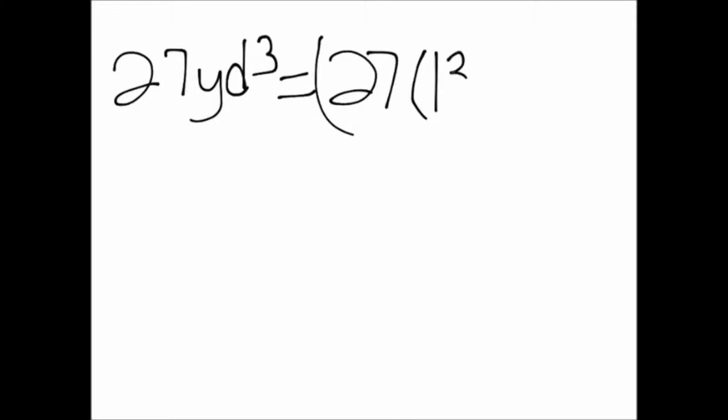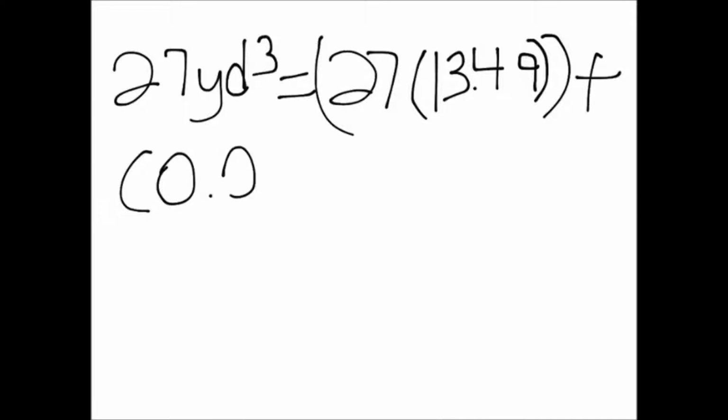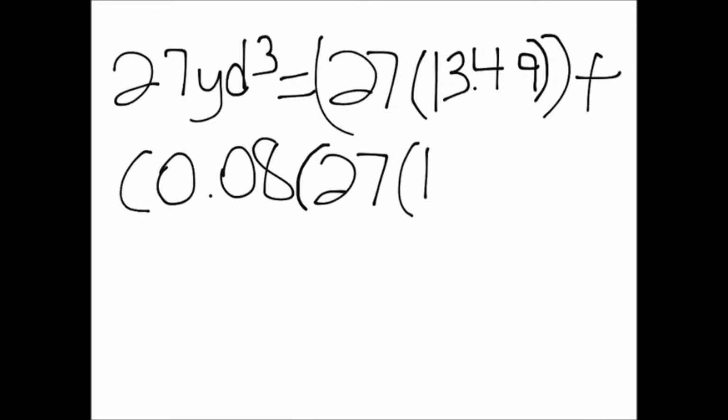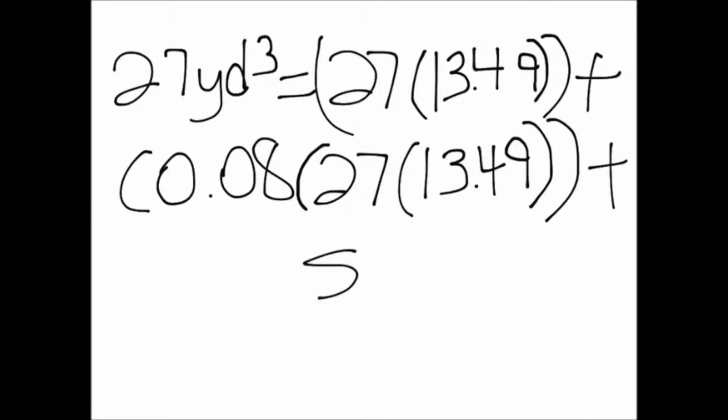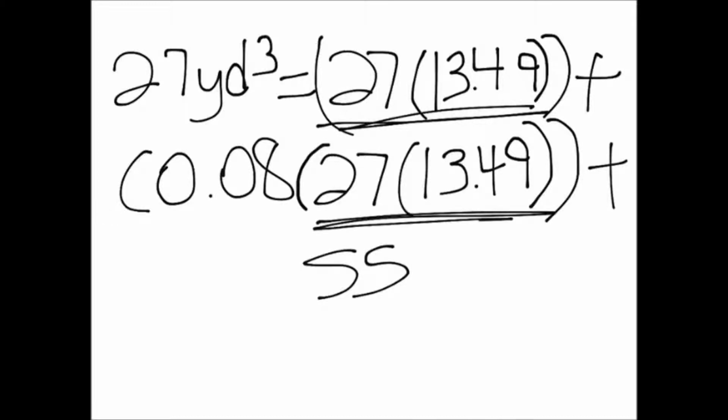So now to plug that into your formula. So 27 cubic yards equals 27 times 13.49 plus 0.08 of 27 times 13.49, in parentheses, plus 55.